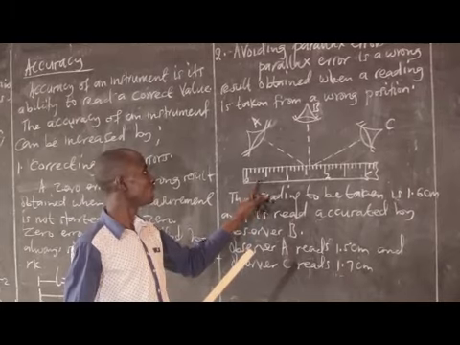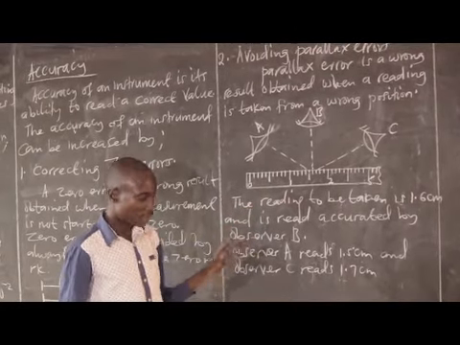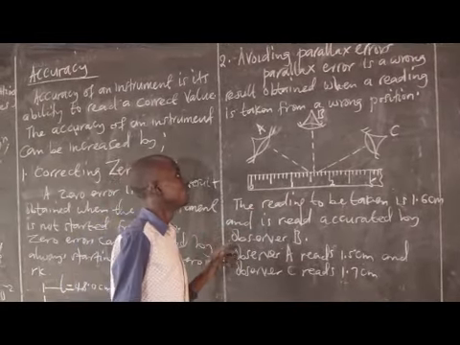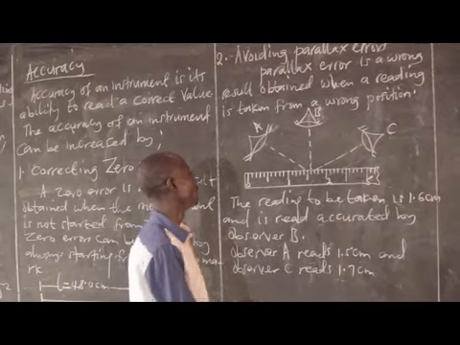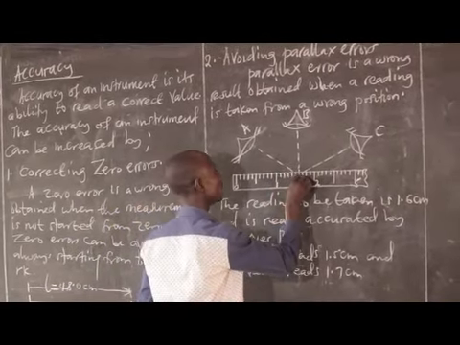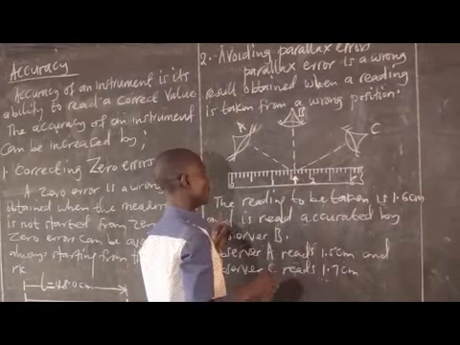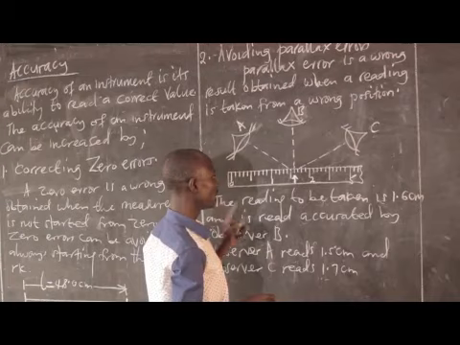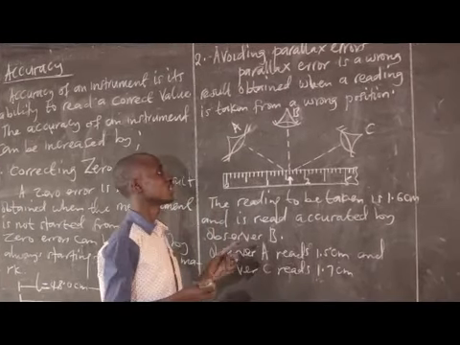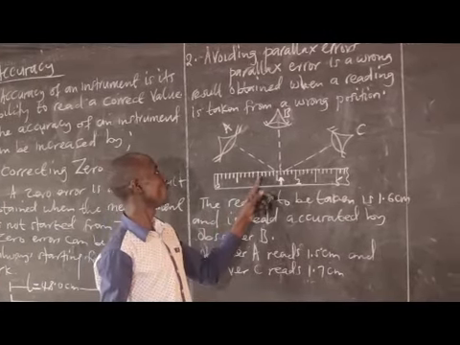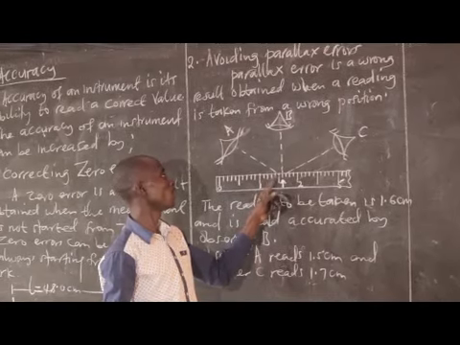When you observe this ruler, there are observers in different positions. The best position is this one. If you are taking this reading, let me put an arrow. The reading to be taken is 1.6. You can see this is 1.1, 1.2, 1.3, 1.4, 1.5, 1.6.